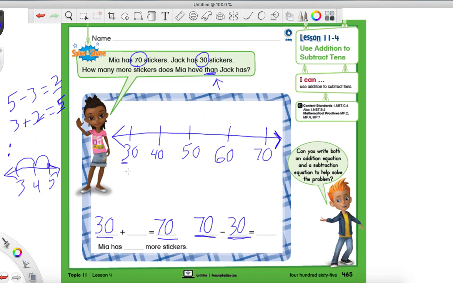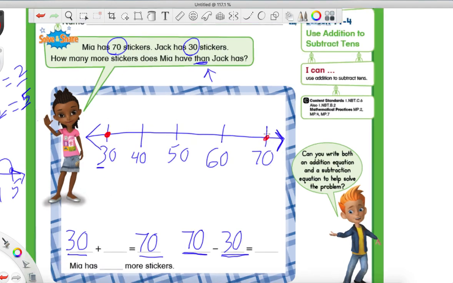All right, and now we have our whole number line done. First step done. Next, we're just going to count the jumps from 30 to 70. Let me zoom in a little bit so we're not distracted by that little side work we did.